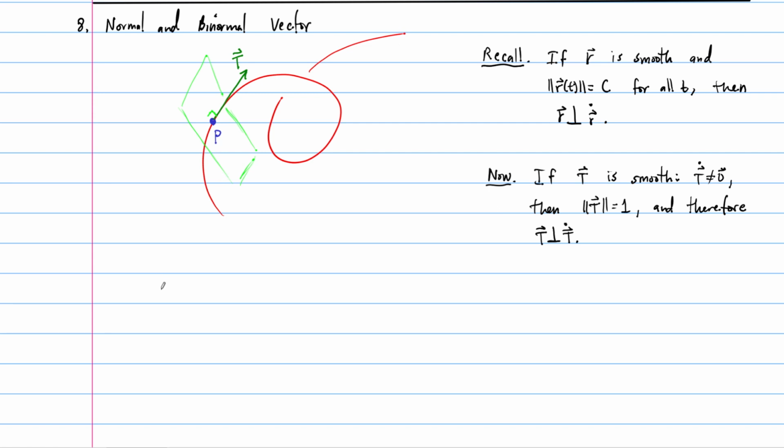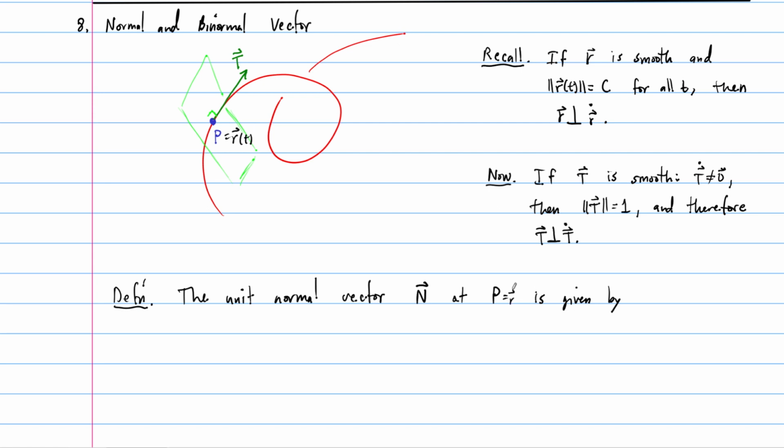All right, so let's write this out. So I'll write it this way. I'll just write this as a definition. So here's our definition. The unit normal vector field, we'll just call it the unit normal vector, capital N, at P is given by, so this point P, let's say that this is r of t.